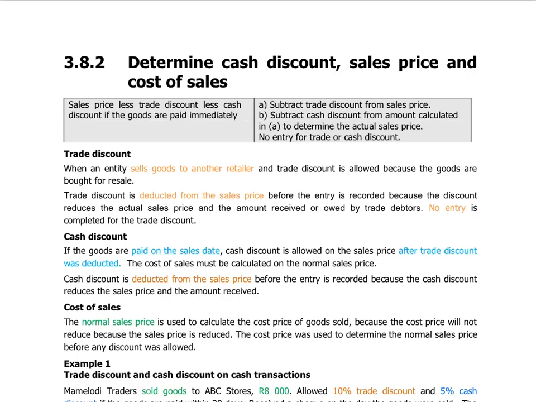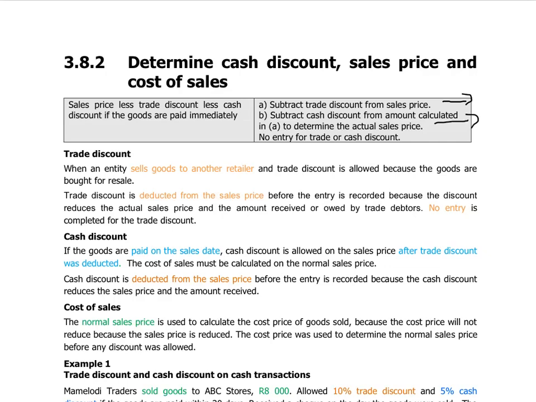When we look at this block, we see that if trade discount is allowed, we must subtract the trade discount from the sales price. If trade discount and cash discount are allowed, the cash discount must be subtracted from the figure that was determined after the trade discount was allowed.